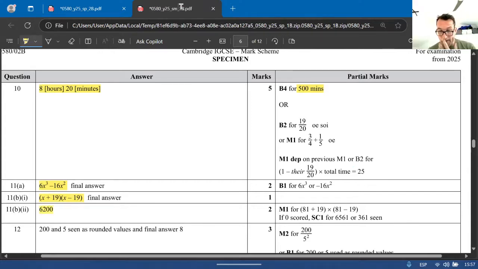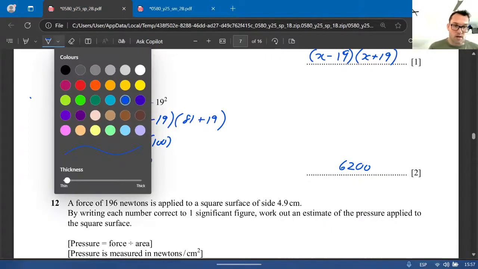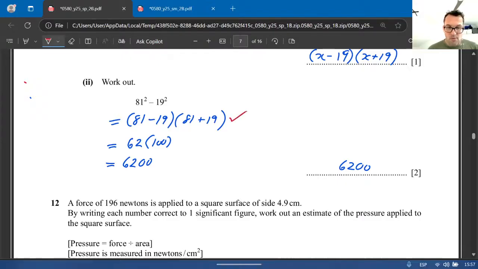Okay? See, 1 mark for this part. And then if you don't get any of that correct, they give you marks for these digits. I guess that is when you do 19 squared or 81 squared. This is a special case, only if you did not get the other marks. But you can get a mark for this and a mark for the answer. Nice.